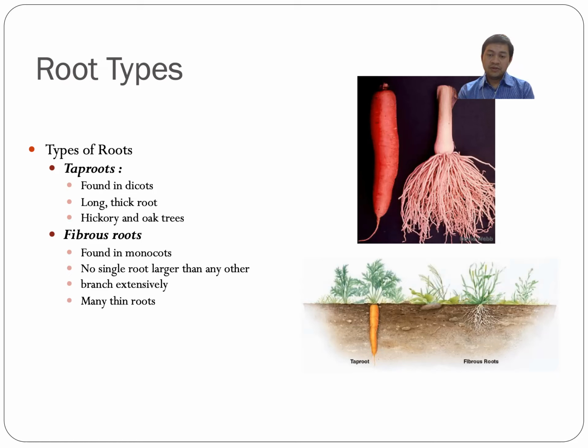If you see this fibrous root, we cannot see a larger part of the root which is larger than the others. And from the slide, we can see that the branching is very extensive, a lot of branches, and the branches have many thin roots.